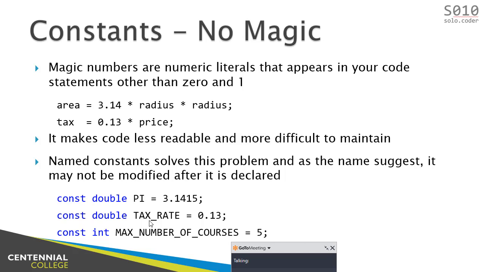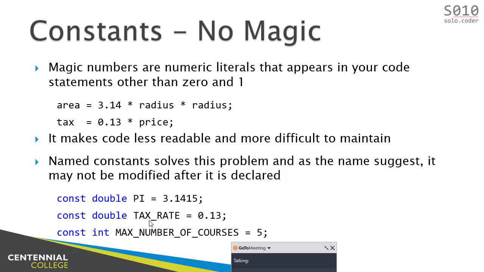What does that mean? Well, if we have a constant saying that tax rate is equal to 13, then we're going to be using the constant tax rate across our entire code. And when we look at the code, we'll know right away, oh, this is the rate.